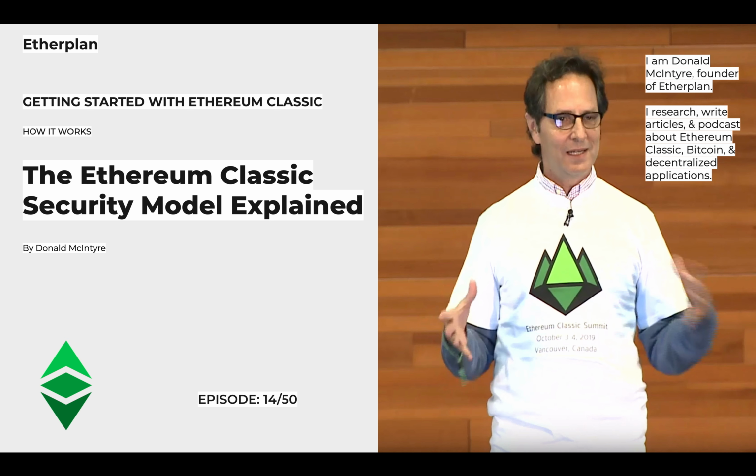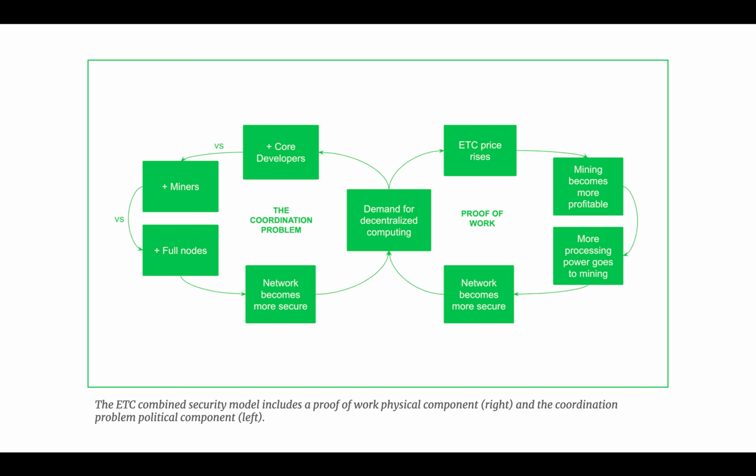The model is combined because it addresses the security of the operating network by using proof of work as a physical component and the security of the social layer by using the coordination problem as a political component. In other words, proof of work makes it very costly to attack the system computationally, and the coordination problem makes it very costly to attack the system socially.